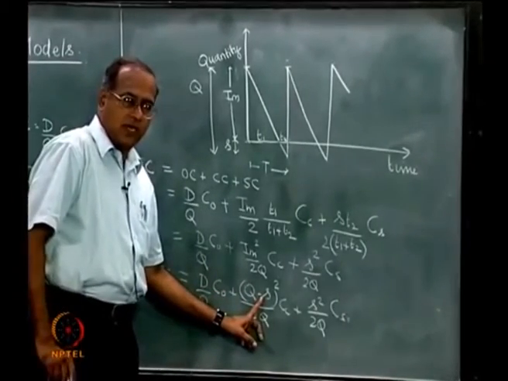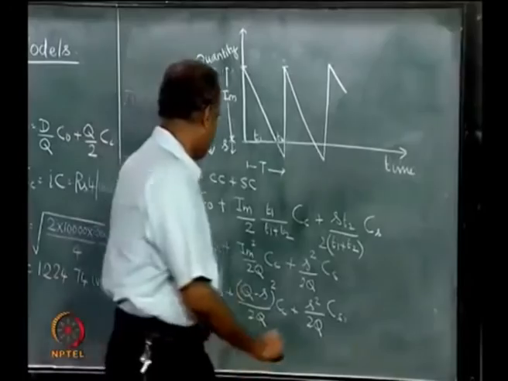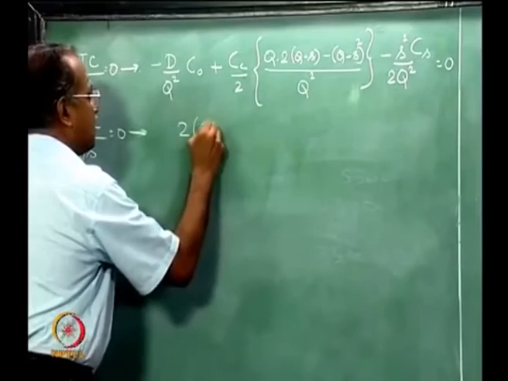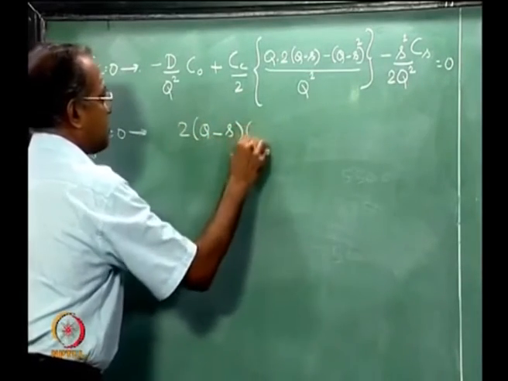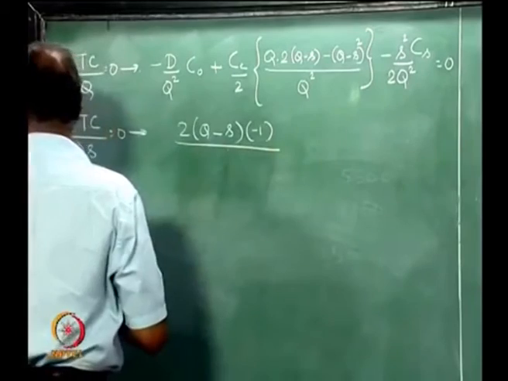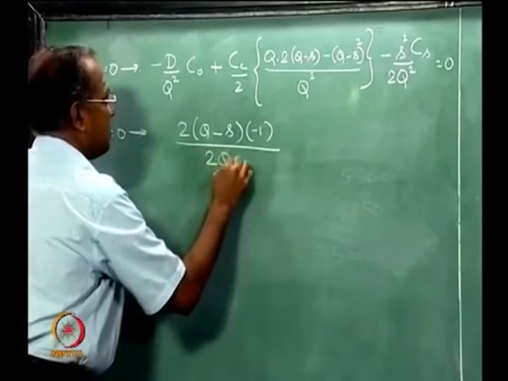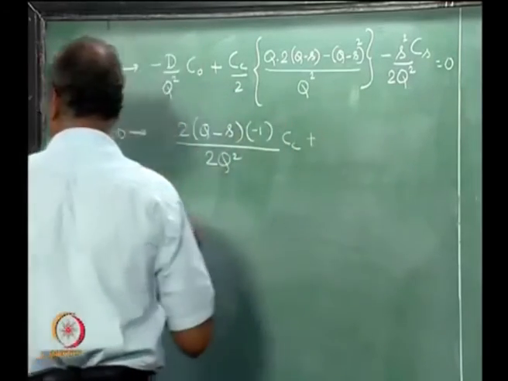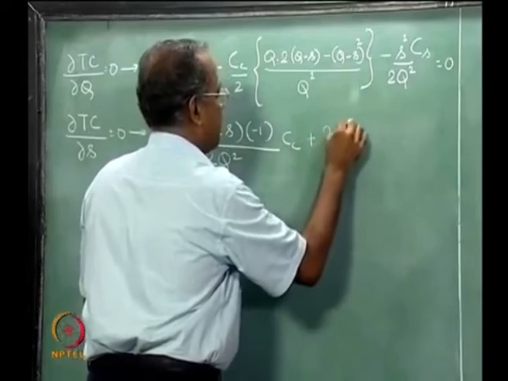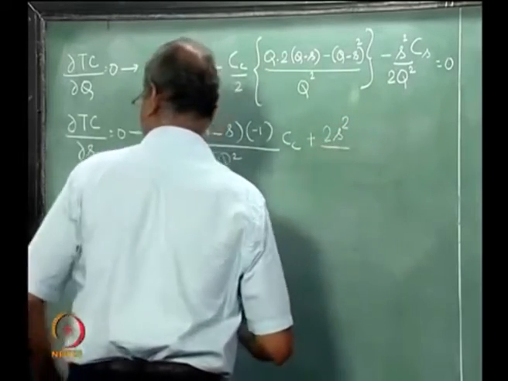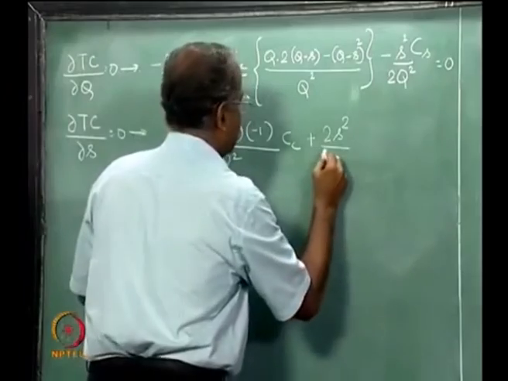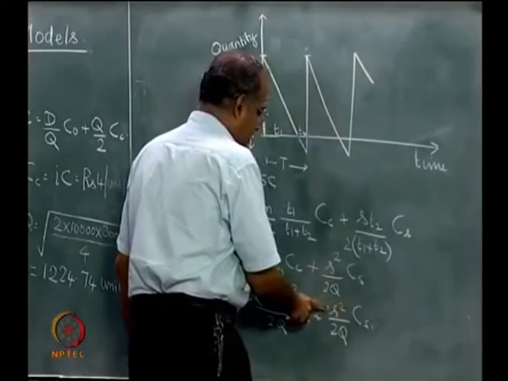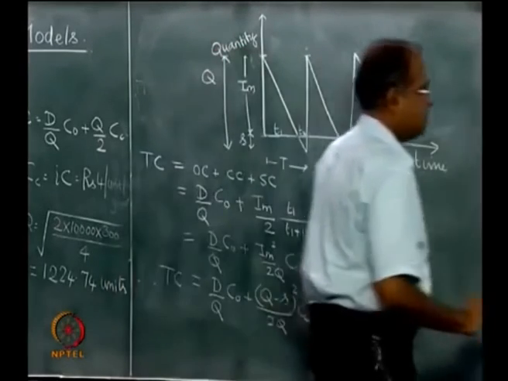This term has s only in the numerator. So, this will become 2 times q minus s into minus 1 divided by 2q square Cc plus 2s square by 2q, sorry, s square on differentiation would give us 2s.